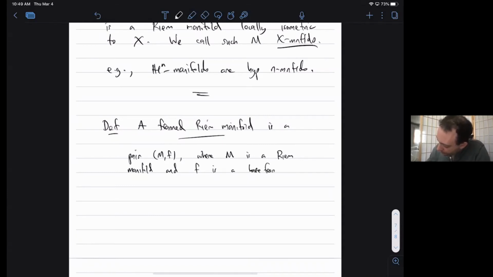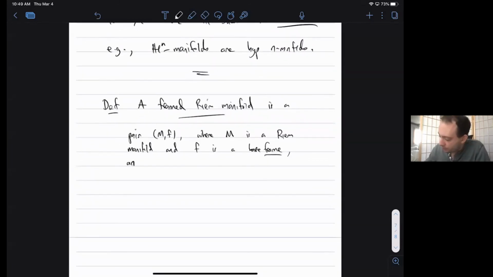A frame here is just an orthonormal basis for some tangent space. So you have some point on the manifold and you have an orthonormal basis for that tangent space.